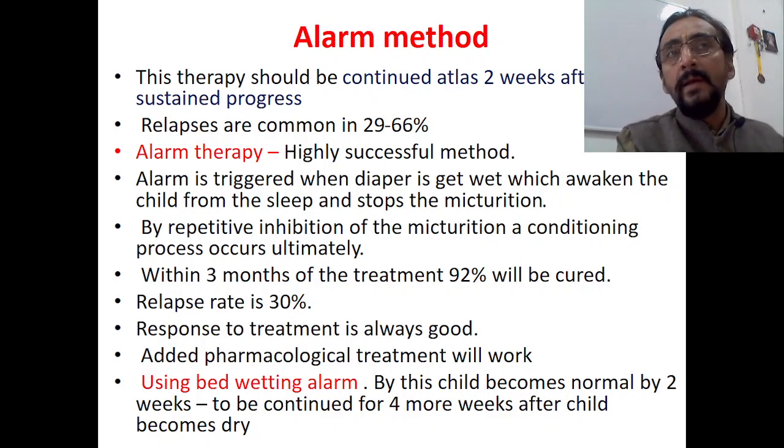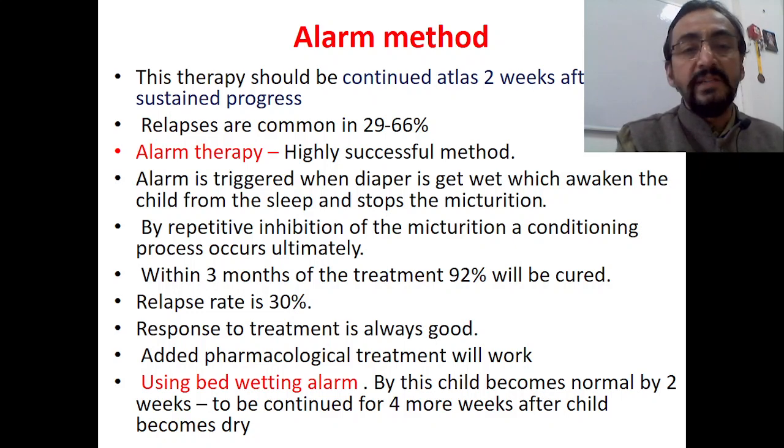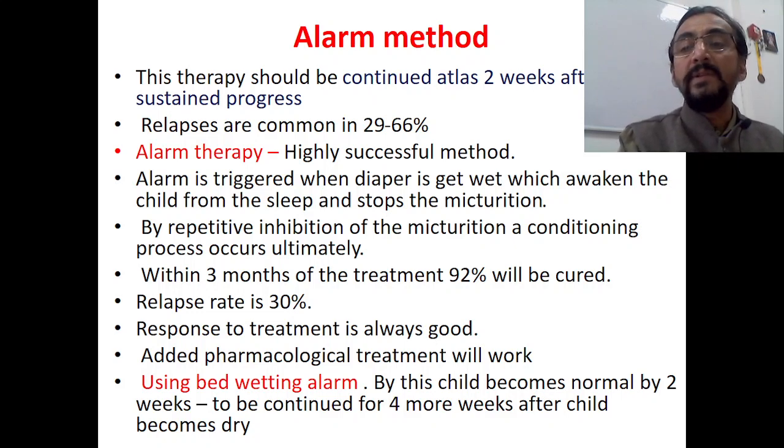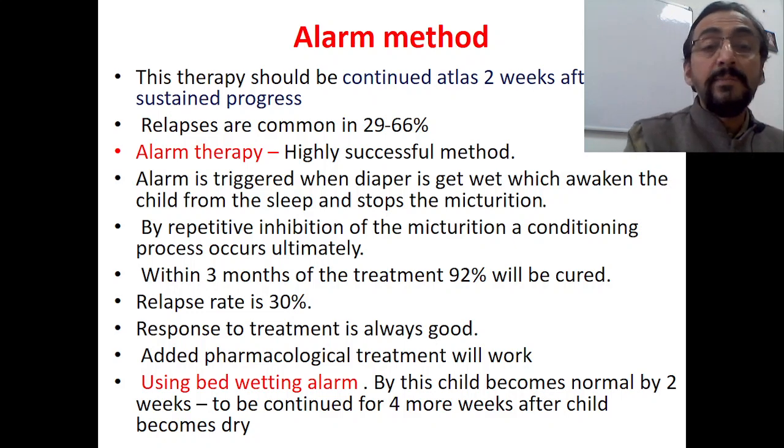Alarm therapy is actually one of the highly successful methods. The alarm is triggered when the diaper is wet, as I told earlier, which awakens the child from sleep and stops the micturition. By repetitive inhibition of the micturition, a conditioning process occurs ultimately.